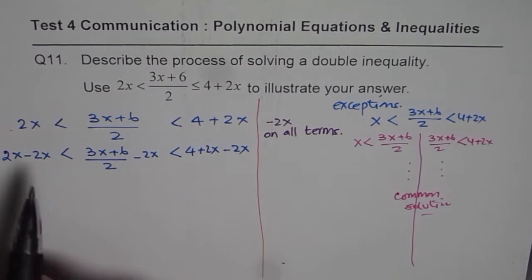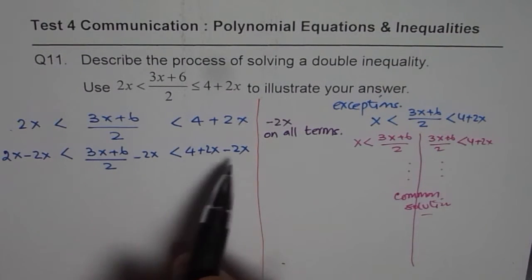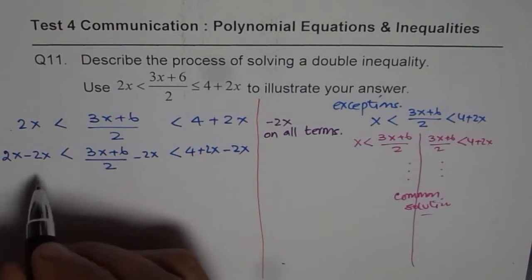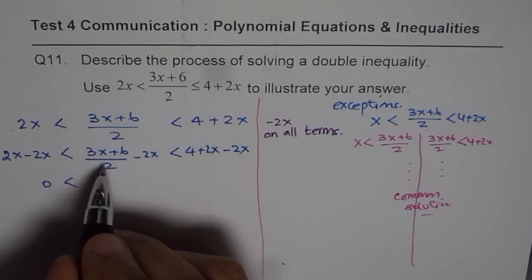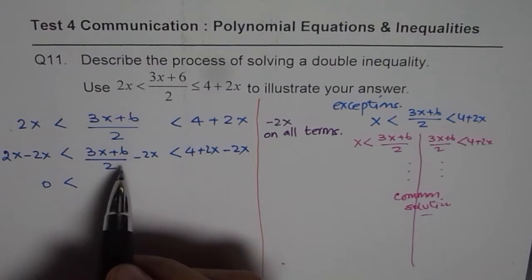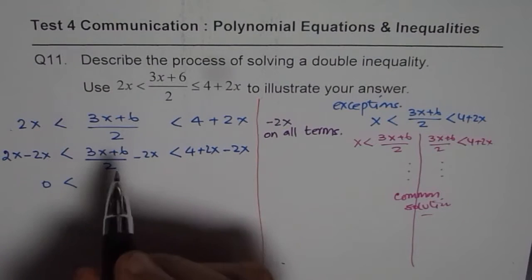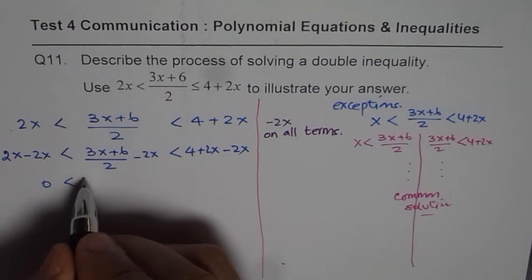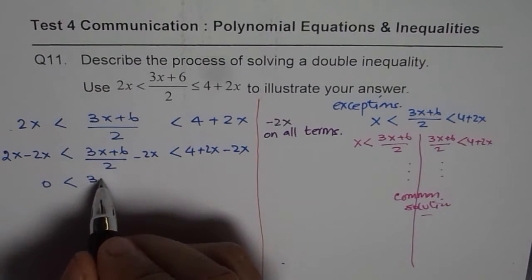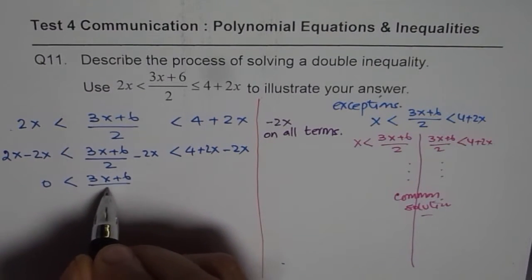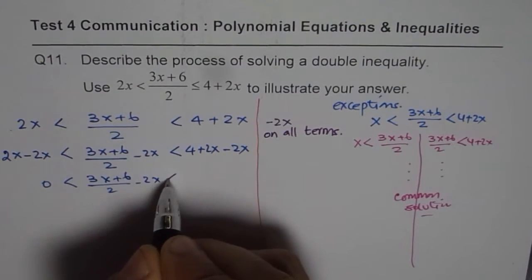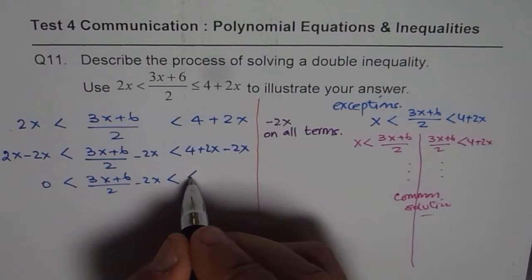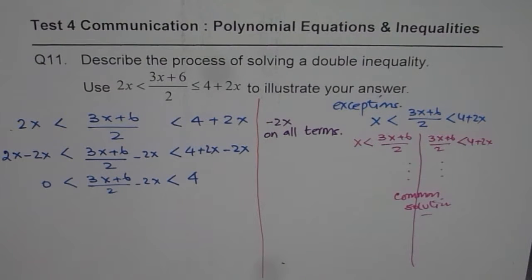So when I do this, I get rid of the x terms from both sides. So I get 0 is less than something in between. We'll simplify in the next step, so let me write it as such first: (3x plus 6) over 2 minus 2x, which is less than 4. So that is my first step.